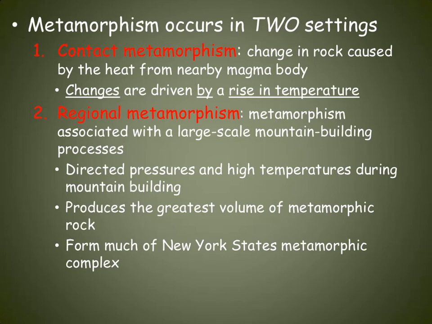Whereas regional metamorphism, that's going to be associated with mountain building, and that's most of what New York is. Each time there was a continental to continental collision, right, nothing's subducting, because there's no oceanic involved, so therefore, boom, you get these big mountain building events, and that's your regional metamorphism.